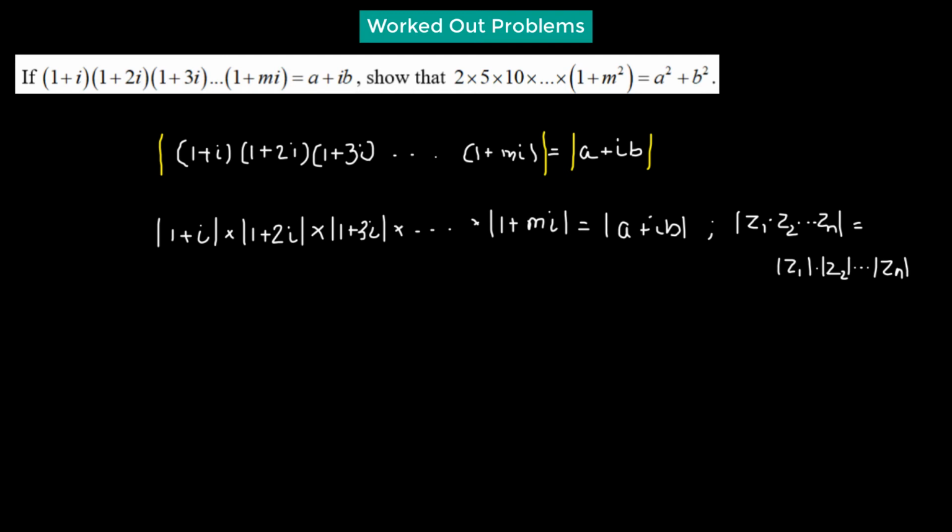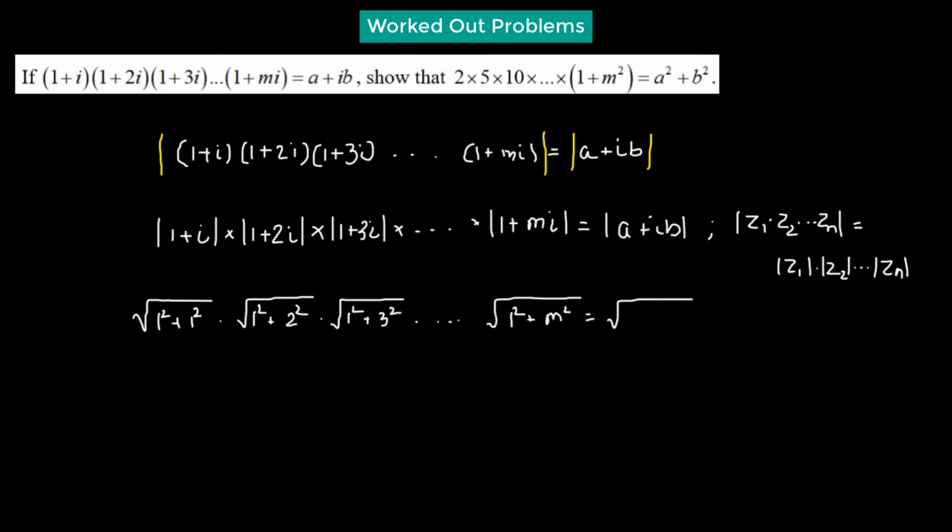Now we find the absolute value of 1 plus i, which will be the square root of 1 squared plus 1 squared, times the absolute value of 1 plus 2i, which will be 1 squared plus 2 squared, times the absolute value of 1 plus 3i, which will be 1 squared plus 3 squared. And we go on, and the last item will be 1 squared plus m squared, which is equal to the square root of a squared plus b squared.